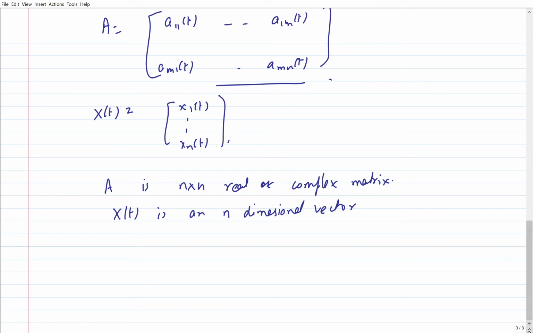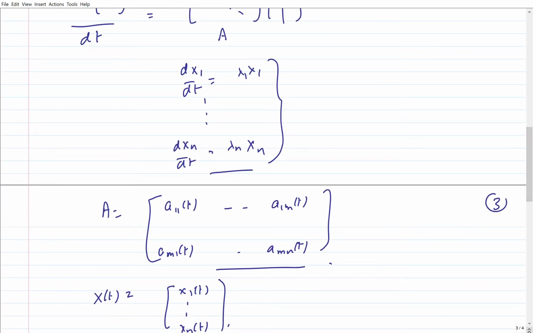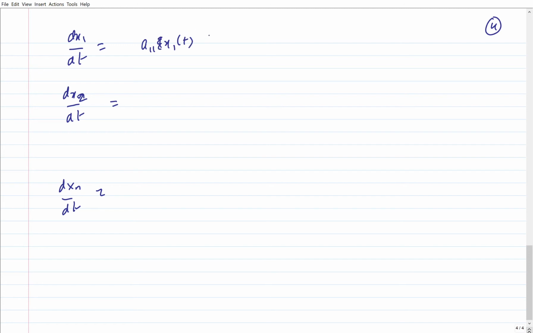So in other words, what you have is this array of differential equations: a11 x1 t plus a12 x2 t, and so on, a1n xn t, down to an1 x1 t plus and so on, ann xn t.